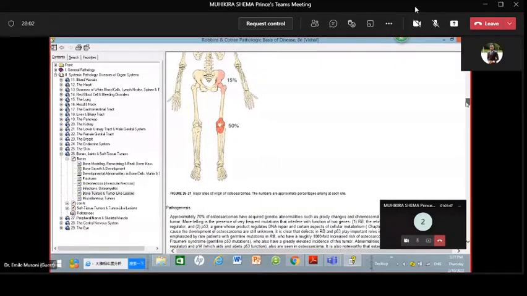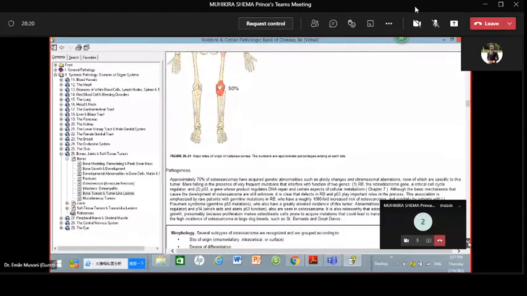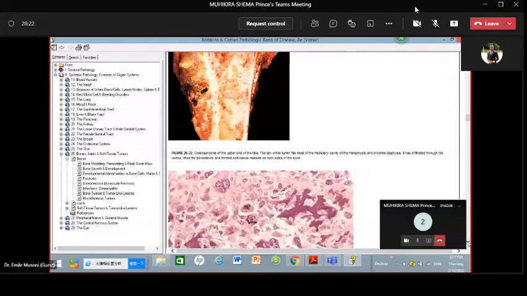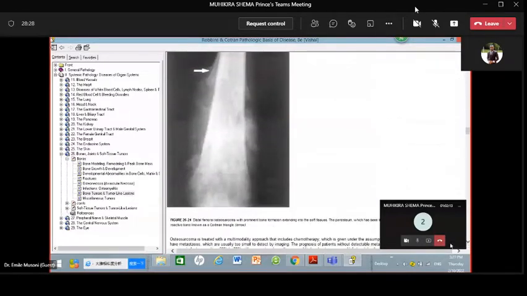This is the major site of osteosarcoma, 50%, the femur 15, then 10%. This is an image of osteosarcoma.